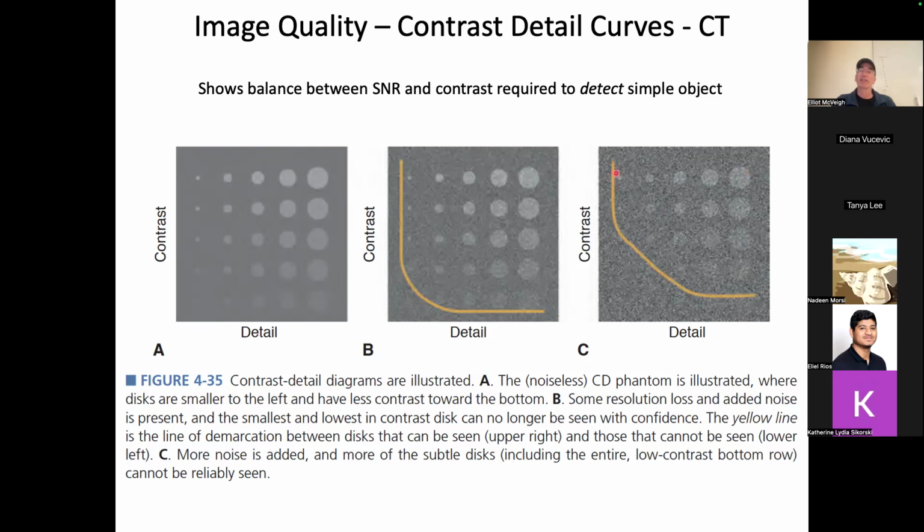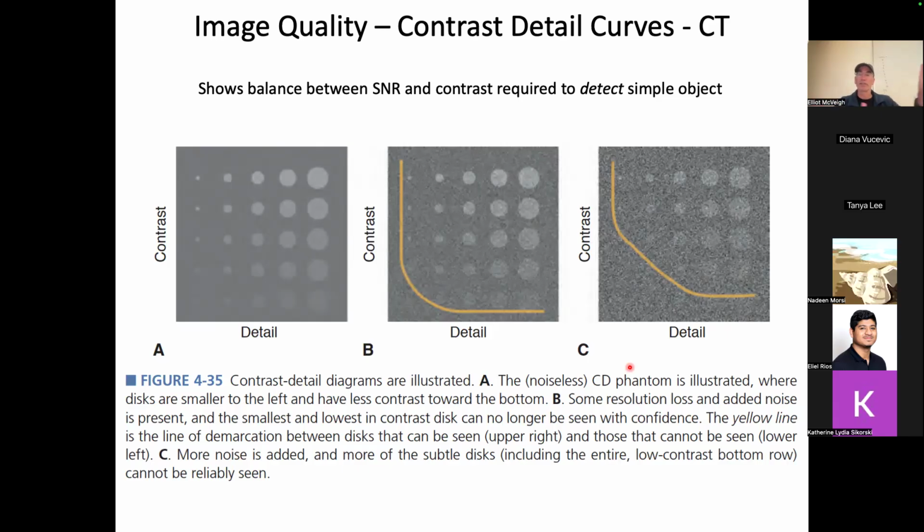If I have higher contrast, I can still detect them at a specific noise level, or if they're bigger, I can still detect them. The reason size matters is that you can average over that larger area, right? And so that's how CT scanners are often quantified, with these different contrast detail curves.